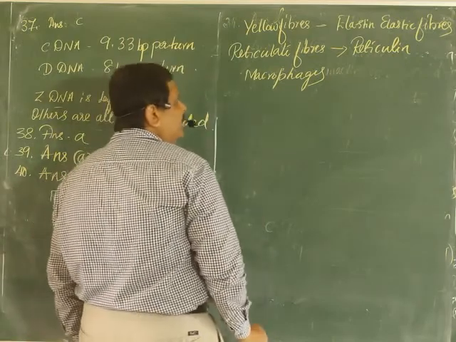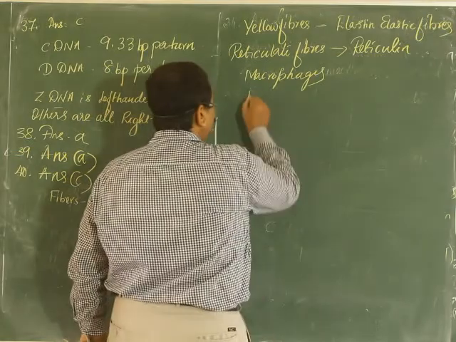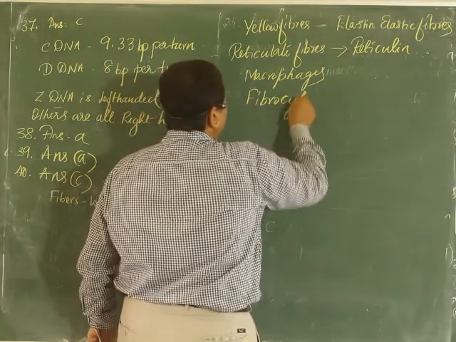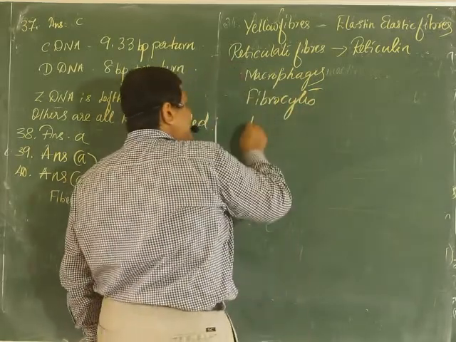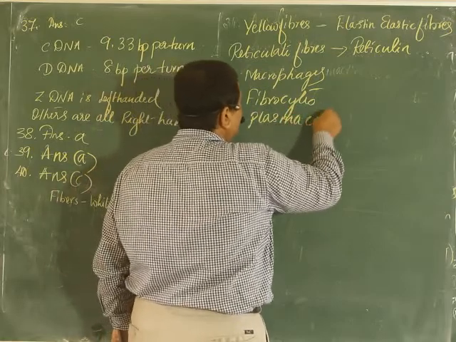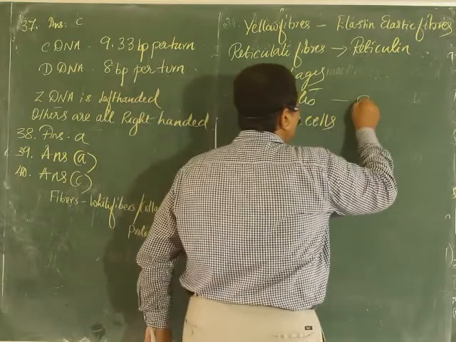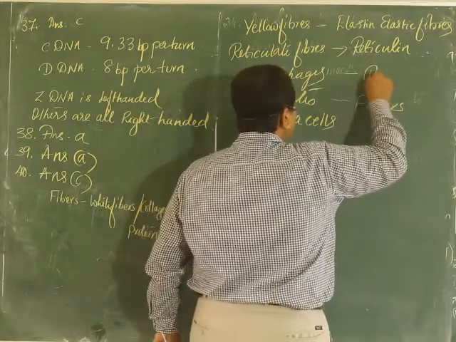Then fibrocytes, which help to form the fibers. Then plasma cells, which produce antibodies and are helpful in protection.